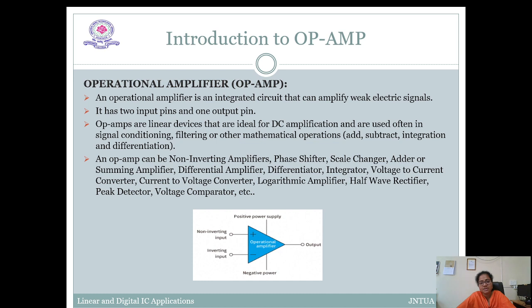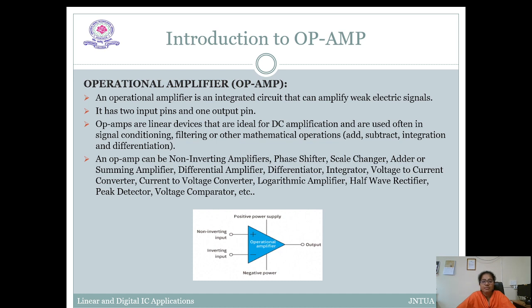The circuit was initially designed to perform mathematical operations: addition, subtraction, integration, and differentiation. Later, with modifications, the circuit was used in both AC amplification, DC amplification, and many other applications.